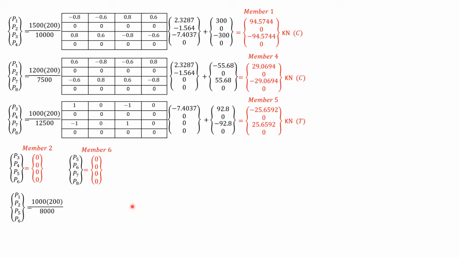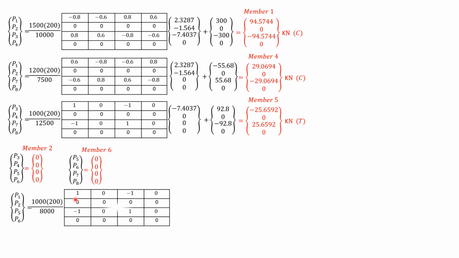Then member 3. The cosine is 1, the sine is 0, so negative 1, and so on. Then multiply by the displacements at 1, 2, 5 is 0, then U6 is 0 also. Then there's no fixed end force in member 3, so automatic.